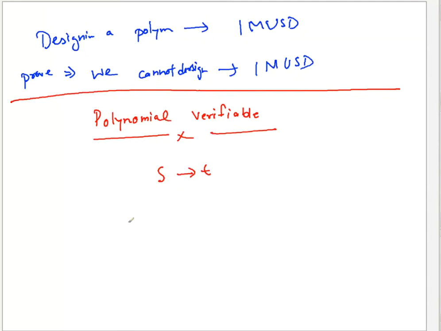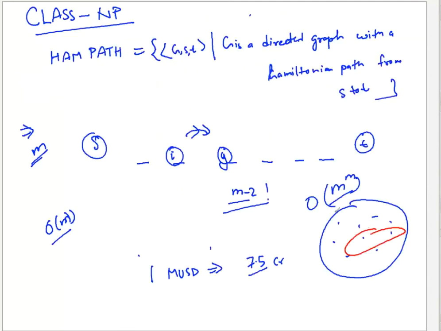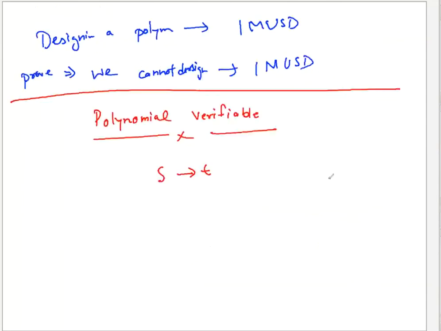Anyone who somehow does the extensive process, does the brute force and gets the solution of whether there is a Hamiltonian path from S to T, now claims it with a proof: see, this is a Hamiltonian path. Verifying that is something that can be done in a polynomial amount of time.